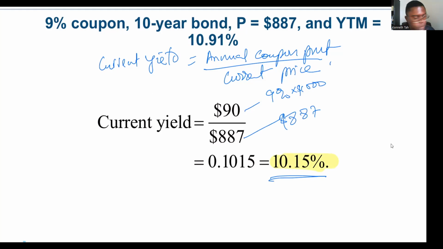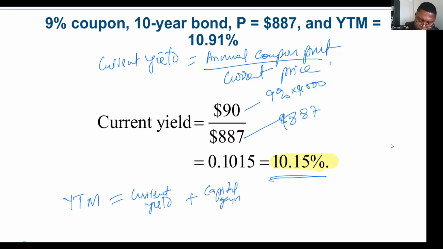So if that is the current yield, we might want to consider the capital gain. We already know that the total yield, or the yield to maturity, is equivalent to the current yield plus the capital gain yield.